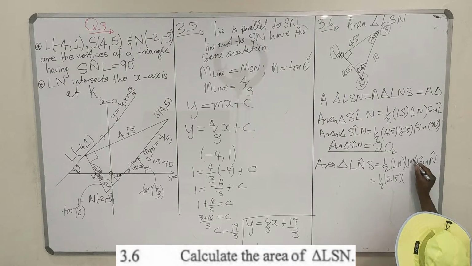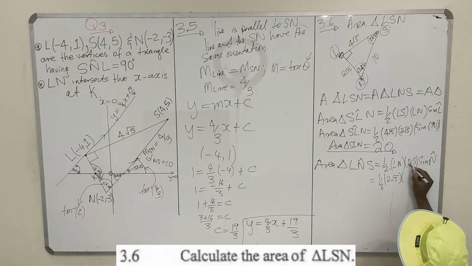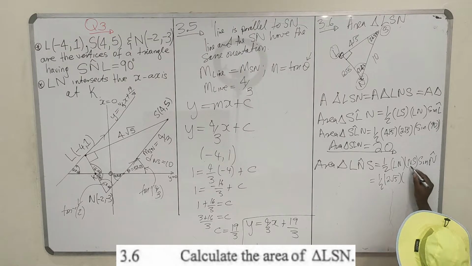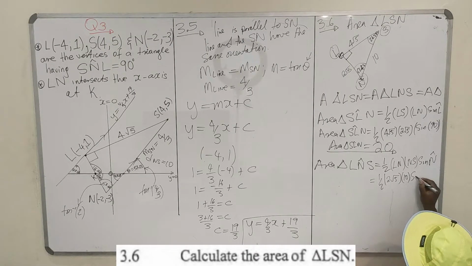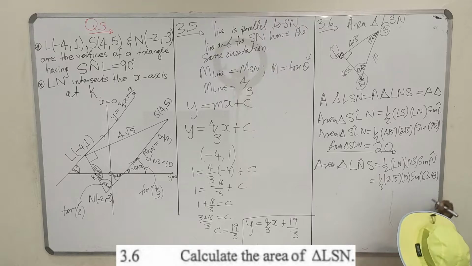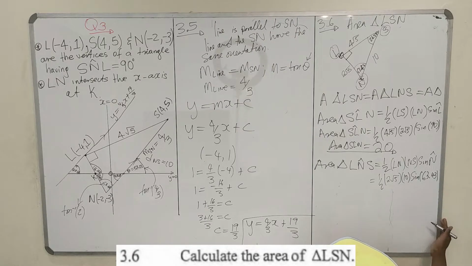What is this angle here? NS, this length is 10. Sine of angle N, which is 63.43, I think. Yes.